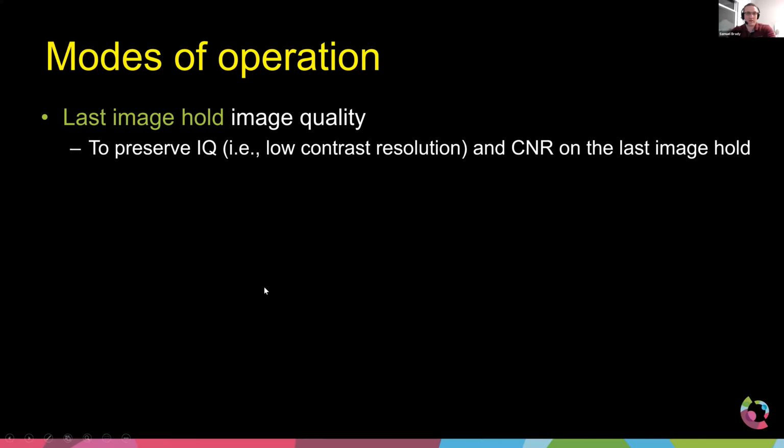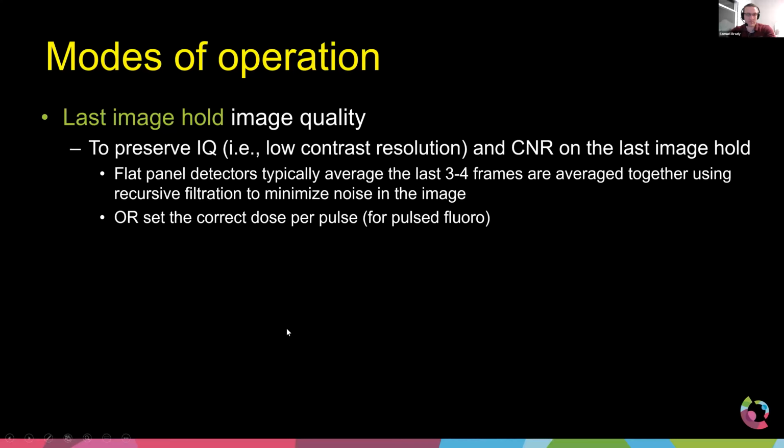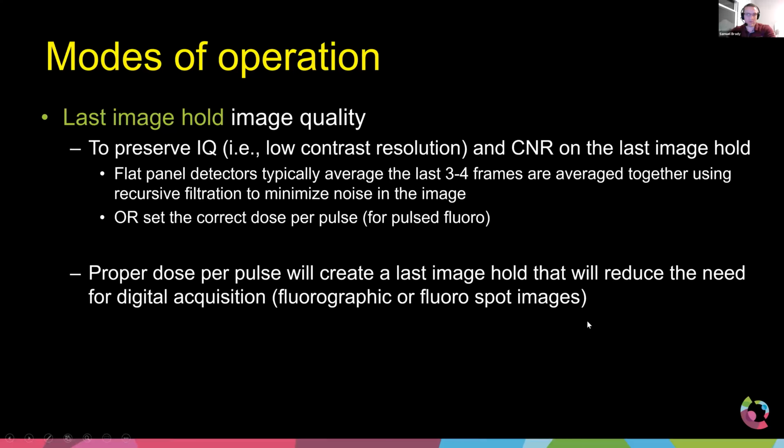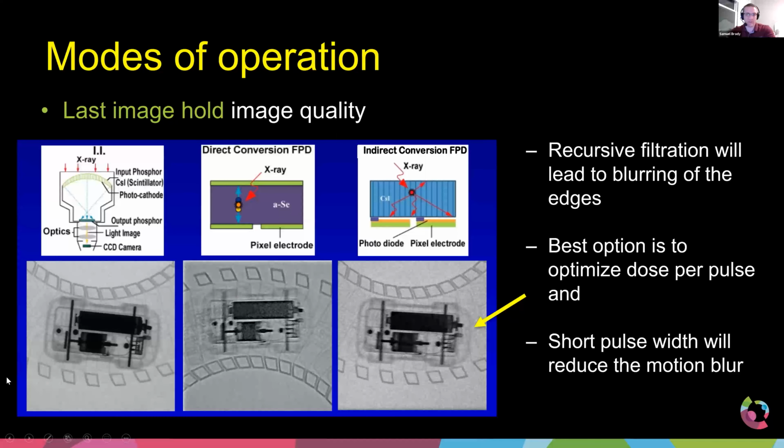All right. And then this is an example. There it is, right there. This is what I'm trying to get to. So last image hold, you can kind of see here. There are different ways to make this last image hold look nice. Historically, we did what was called recursive filtration, but that led to this blurring. In other words, the minute you stepped off that pedal, the last image hold was actually an average of 2, maybe 3 or 4 of the last frames averaged together.